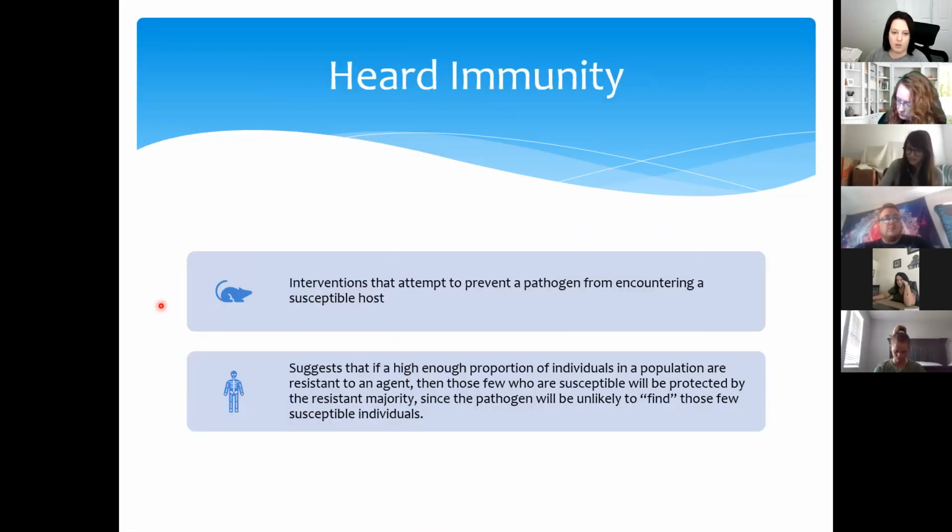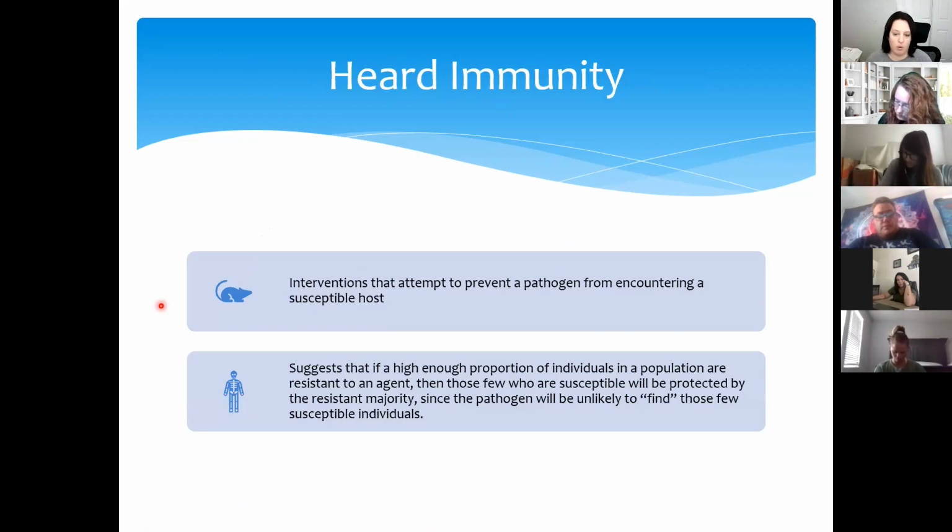Herd immunity is when interventions attempt to prevent a pathogen from encountering a susceptible host. If a high enough number of people are resistant to an agent, we're going to protect those who are not.